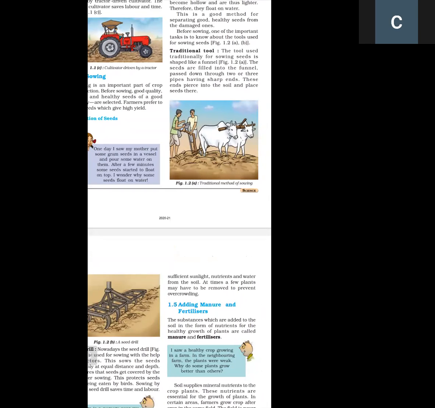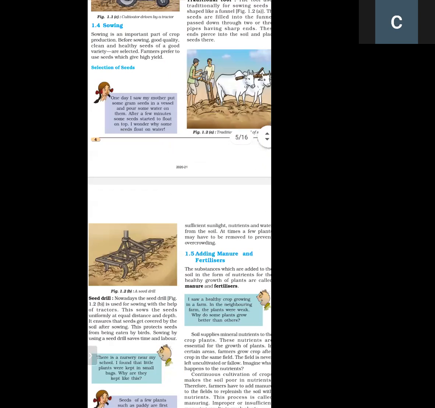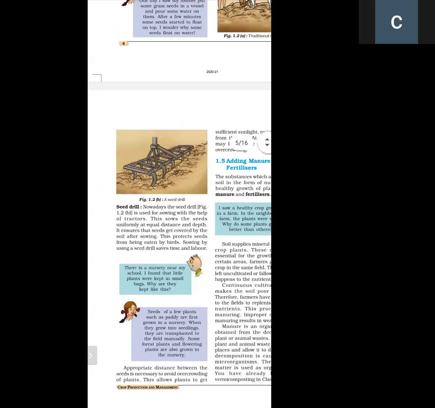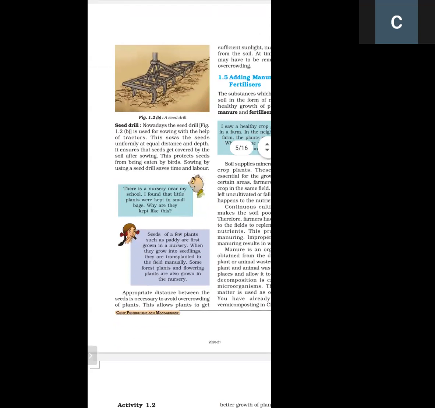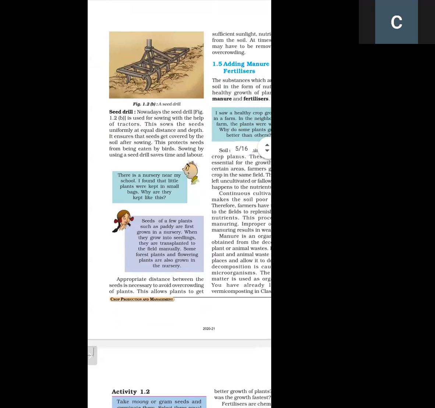Nowadays we use a seed drill, which is attached to a tractor and sows the seeds uniformly. Why do we use a seed drill? Because it sows the seeds uniformly and at equal depth.